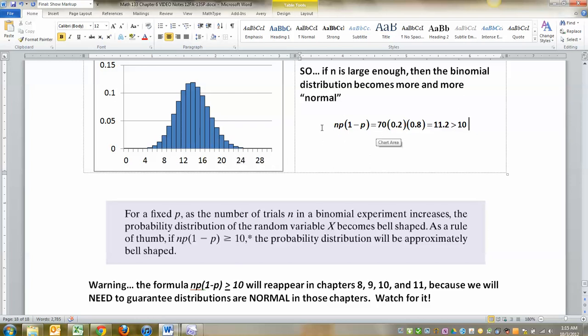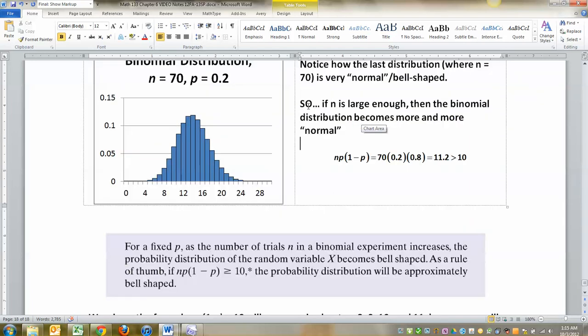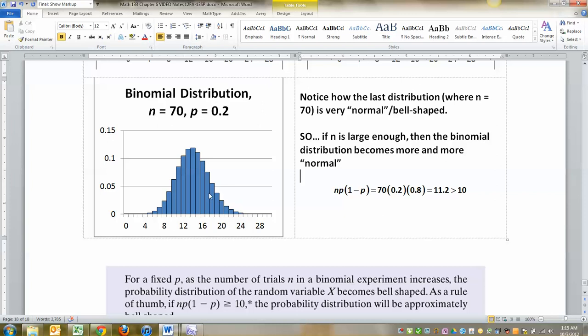And that's going to help us out a lot when we start dealing with polls and surveys, remember, because the binomial is useful for a whole bunch of stuff, but it's very useful for dealing with polls and surveys. Like, are you approving of the president's job performance, or are you not approving, that kind of thing. That kind of poll is really binomial.